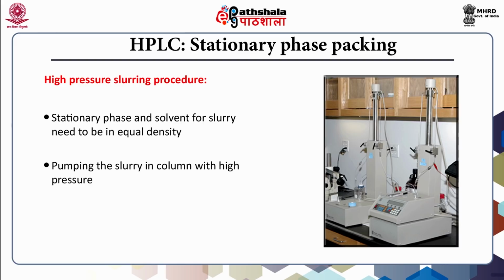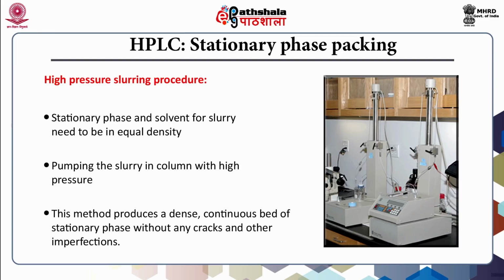That means for packing the HPLC column also we need high pressure, and the solvent in which the stationary phase is suspended, that slurry also should be of equal density with the stationary phase.